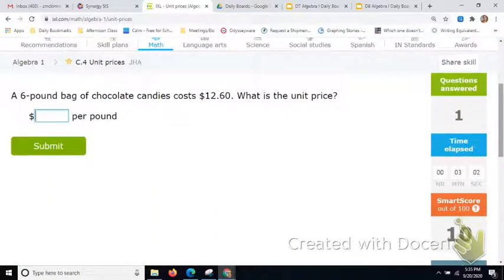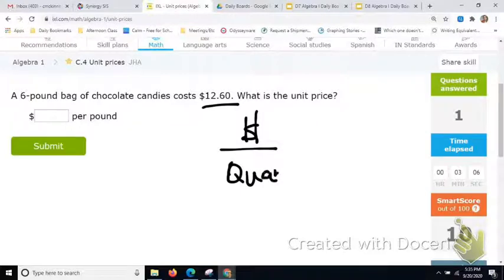So it's always the price is going to go in the calculator first. So it's the dollar amount divided by the quantity. And the quantity might be how many pounds, how many feet, how many meters, how many ounces, etc.